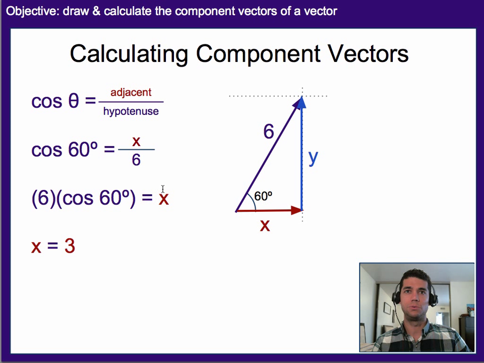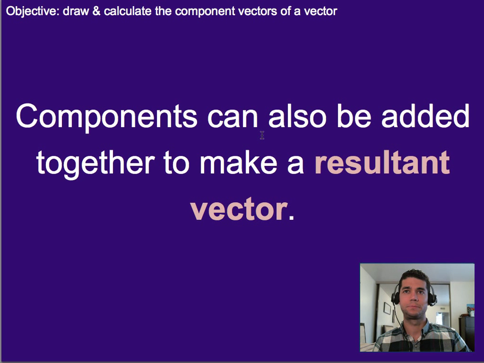You multiply both sides by 6 to get x by itself, and that gives you a value of 3 for the x component. So what that means is that we have a side of 6, a side of 5.19, and a side of 3, and these two combine to make that 6, or the resultant vector.